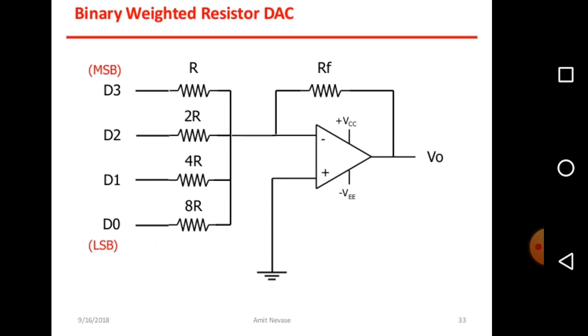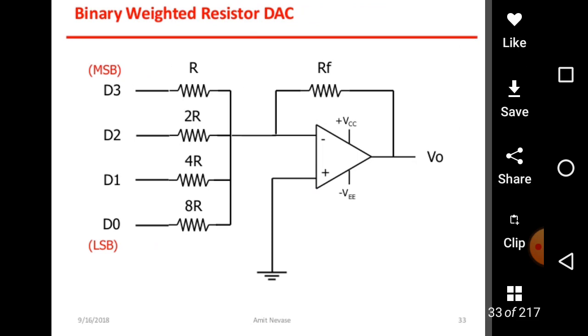In this, 4 inputs are there, that is digital inputs D0, D1, D2, D3. D0 is LSB, D3 is MSB, and RF is the feedback register. Here the non-inverting terminal is connected to ground, the inverting terminal is connected to the digital inputs, and you will get output as Vout.